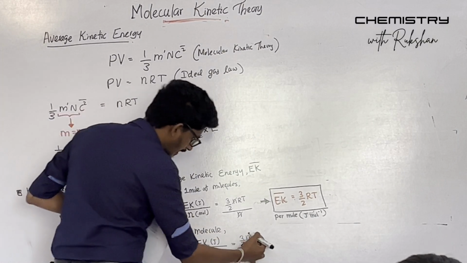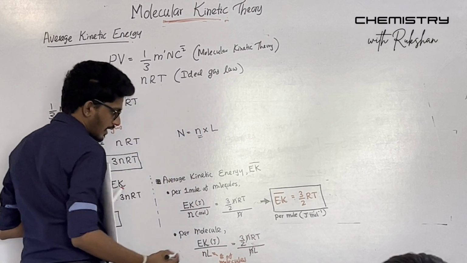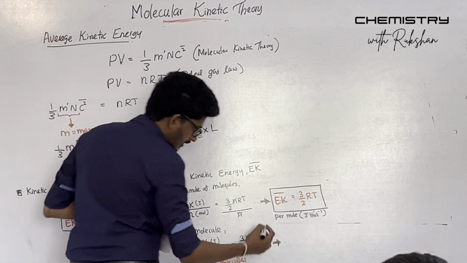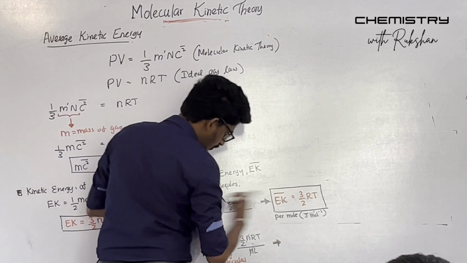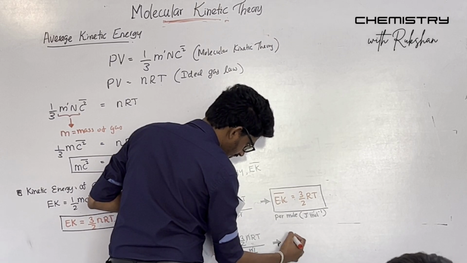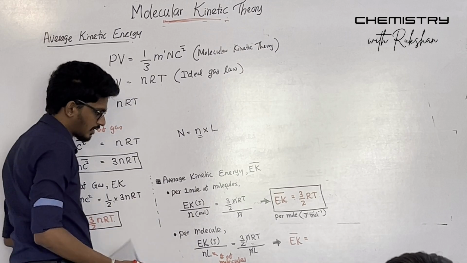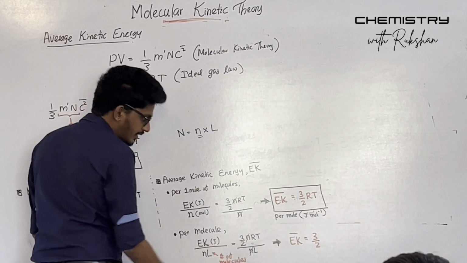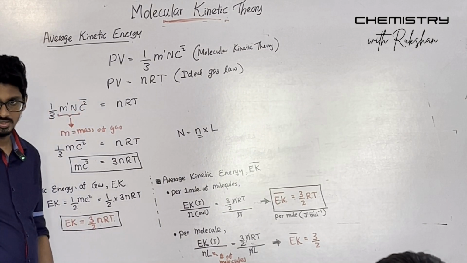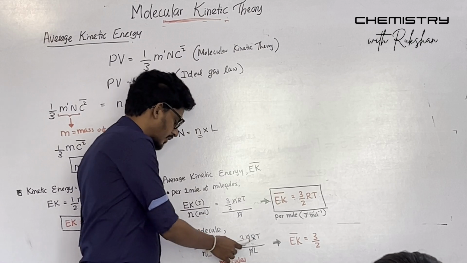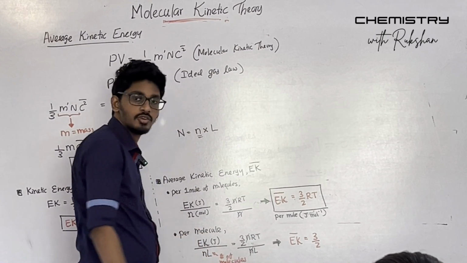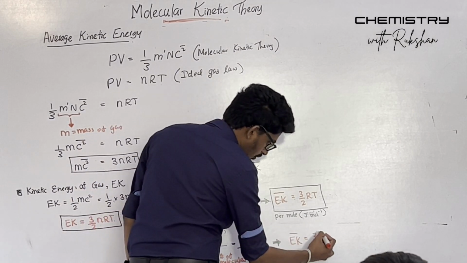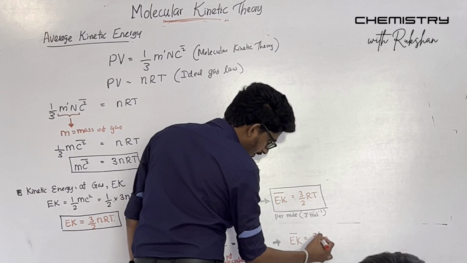So these N's will cancel off, and ultimately you will come up with an equation: EK bar is equal to 3/2 (R over L) T. R over L is another constant. R is the gas constant, L is the Avogadro's constant. So R over L is another constant, referred to as the Boltzmann's constant.